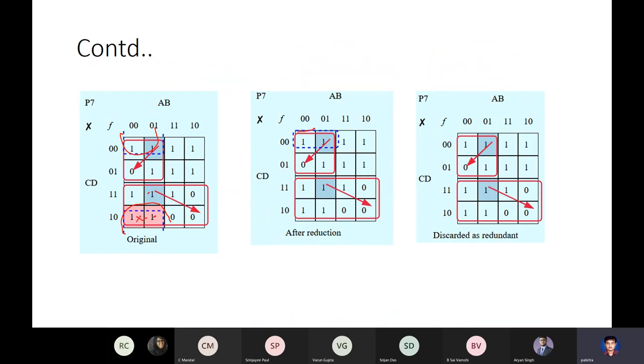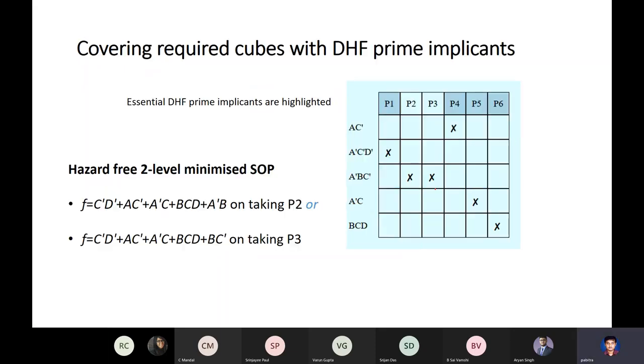I am remaining with only this. This is legal because it contains the starting point with this intersection. But this part is redundant because it is part of this prime implicant, so I discard it.